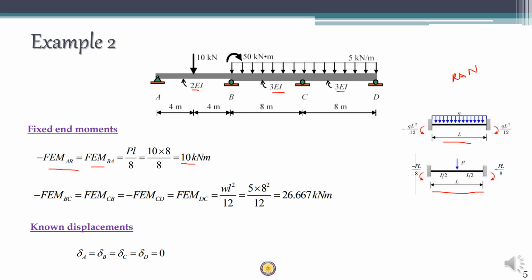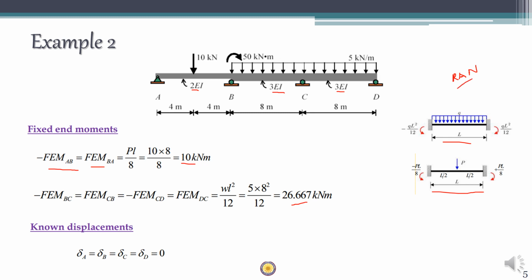Okay, so the value is going to be equal to WL square by 8, where W is 50 and L is 8. So solving it, we get the FEM values of BC, CB, CD and DC. So this is 36.67. The sign convention has to be applied as per this sign convention rule.